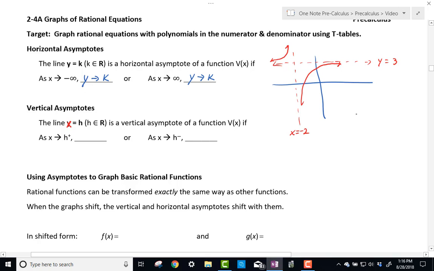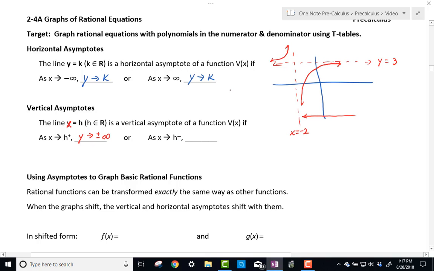That means as x gets closer to negative 2 from the right side, from the positive side, we would say that y goes to positive or negative infinity. In this case, you can see my graph. As the graph gets closer to negative 2 from the right side, the y values go to negative infinity. And as x goes to h from the negative side.